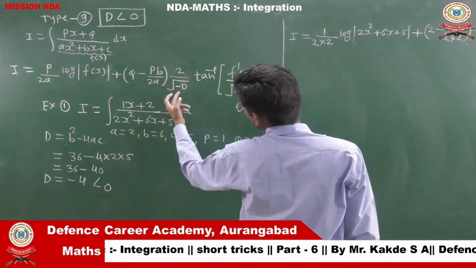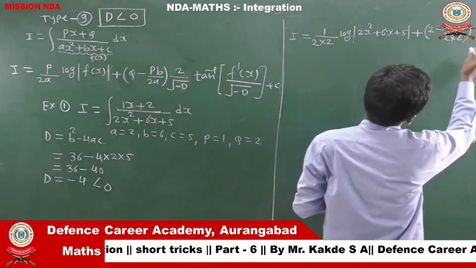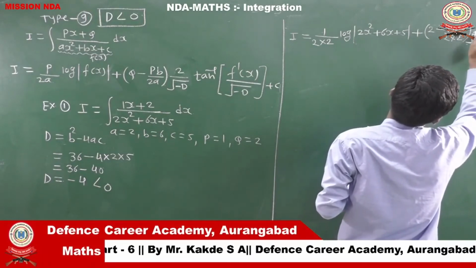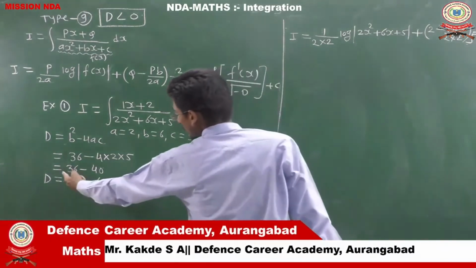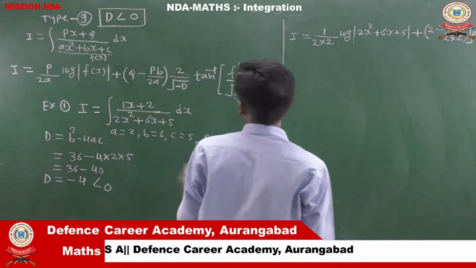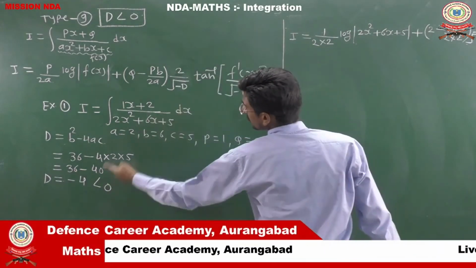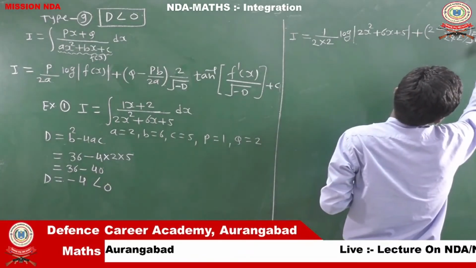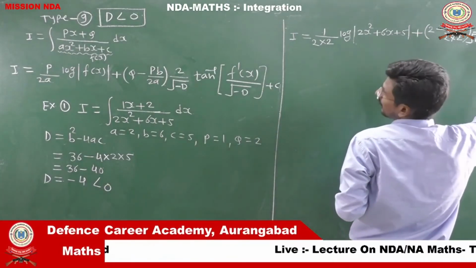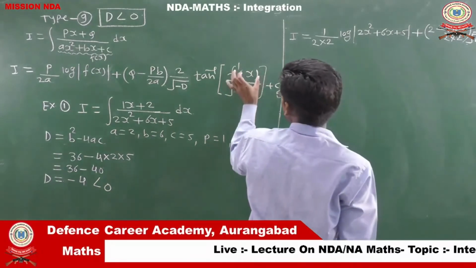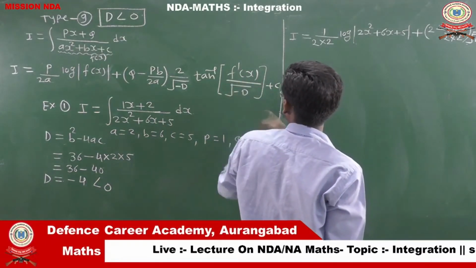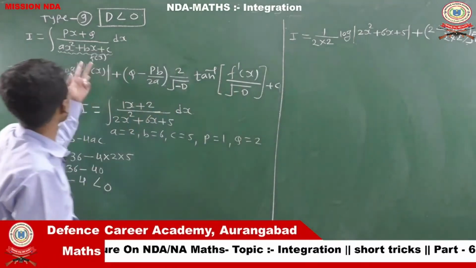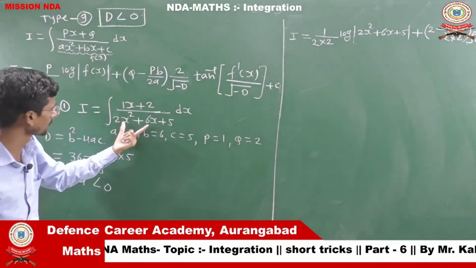2 upon root of minus d. So value of d is here minus 4, लेकिन यहाँ मेरे पास माइनस है तो माइनस माइनस प्लस हो जाएगा, that is 4 into tan inverse f dash x upon root of minus d. F dash x means derivative of f of x, that is derivative of this function.